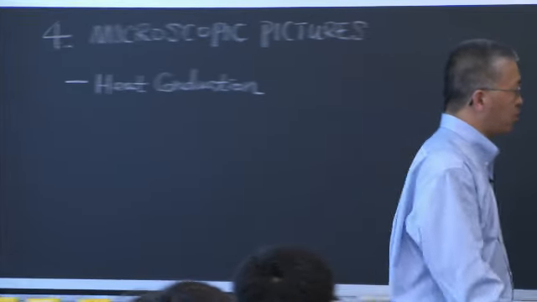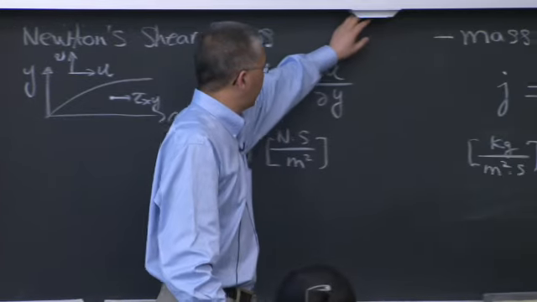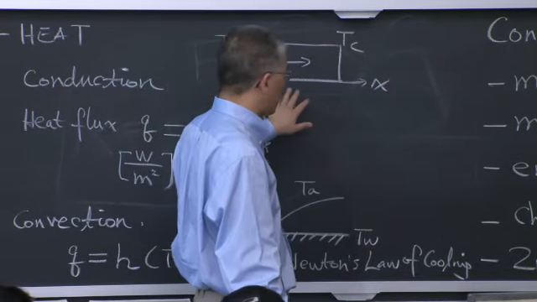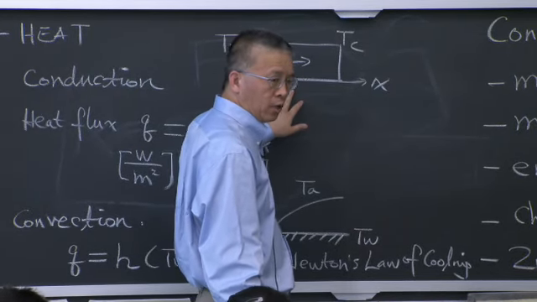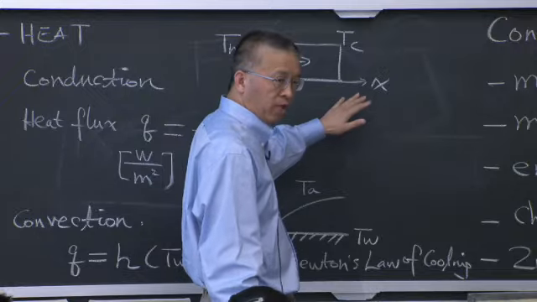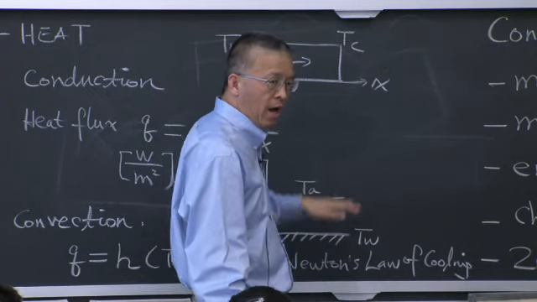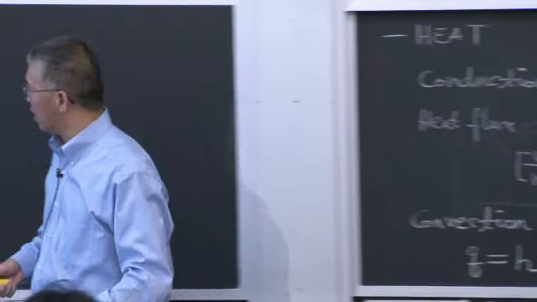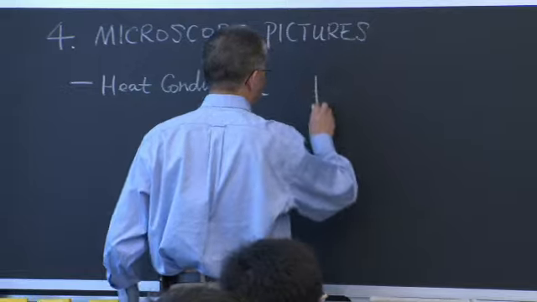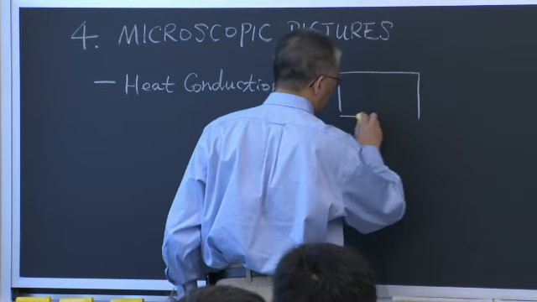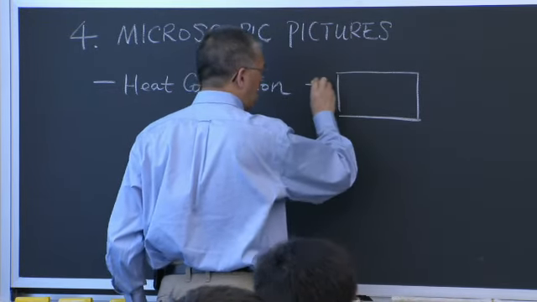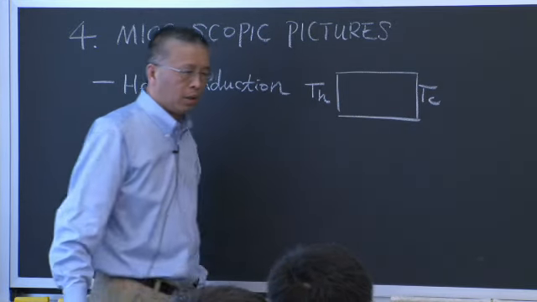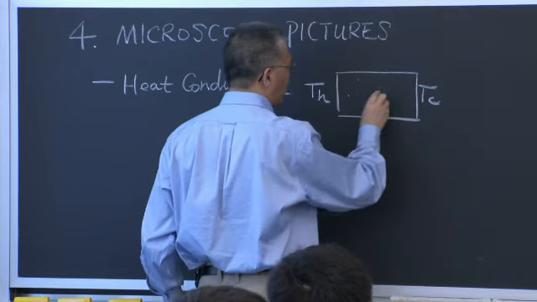So we draw this picture: one side is hot, the other side is cold. We see there is a heat flow. And now I want to look at the granular. Let's say I have a box with molecules, one side is hot, the other side is cold, and we have gas molecules inside.